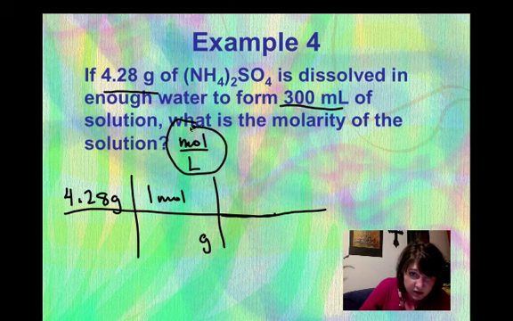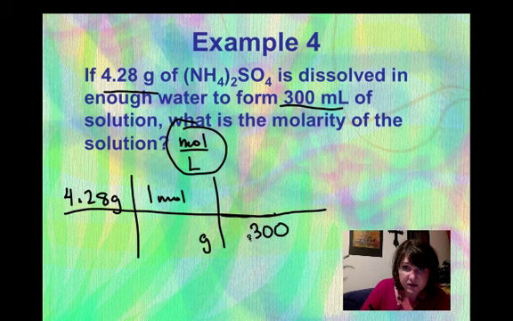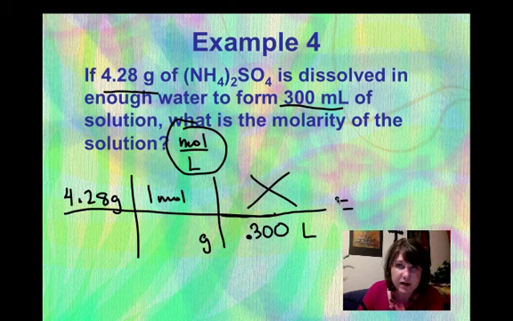I want moles per liter as my target. So if I've got moles, now I need liters. And I have 300 milliliters. And if I move that decimal 3 times to the left, I got it. It's okay to have this blank up here, to not have a number there. That's allowed. You're allowed to do that.